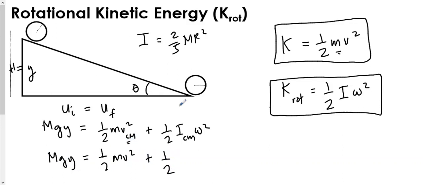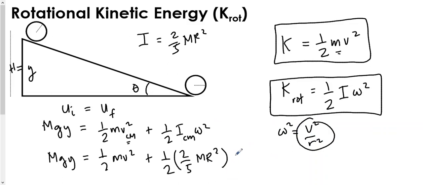Given the moment of inertia for a sphere, we can plug this in: 2/5 mr squared. Knowing angular velocity is equal to velocity over r, we will have that squared, so we replace it with velocity squared over r squared.